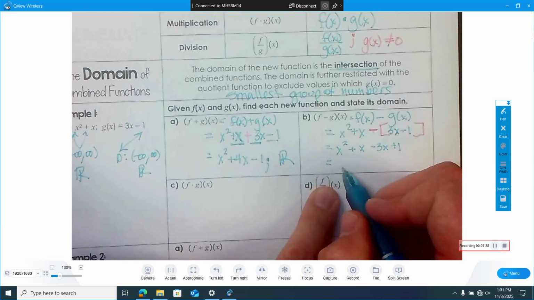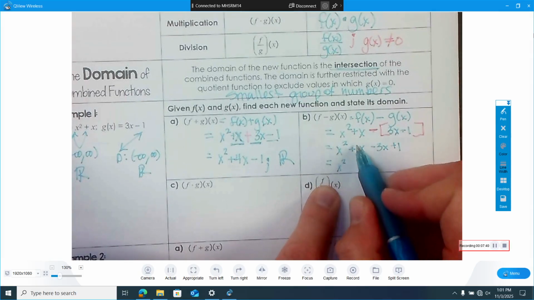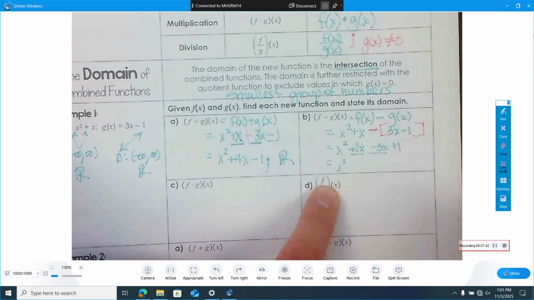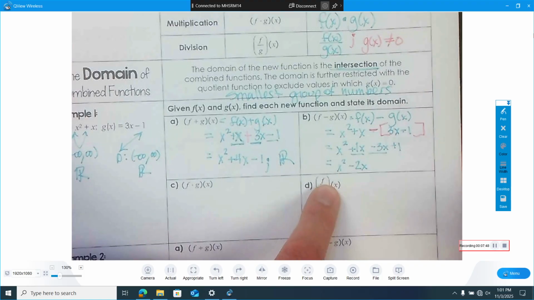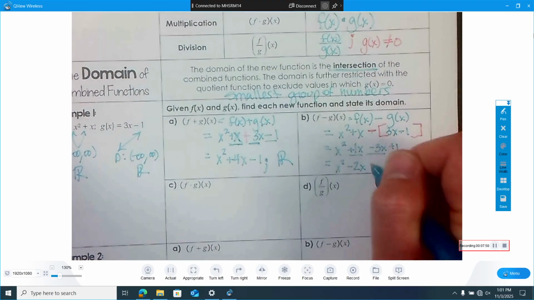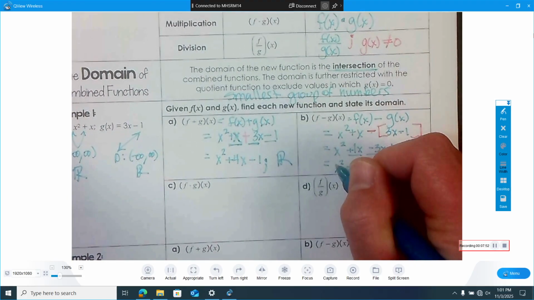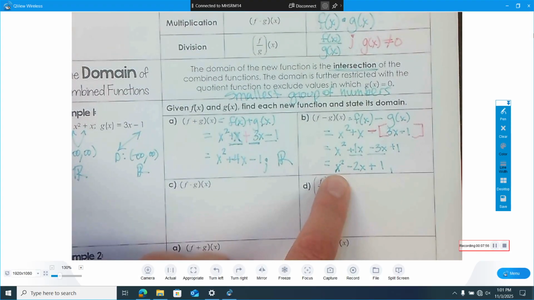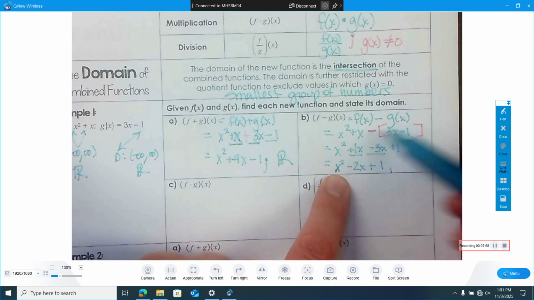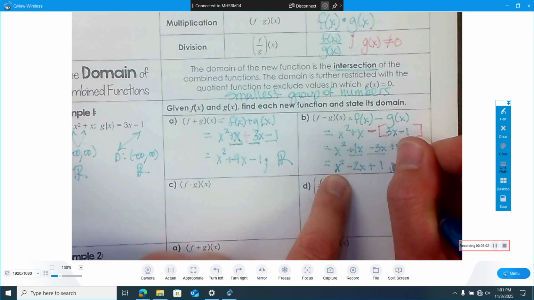We have x minus 3x, which is negative 2x. And then we have a plus 1. Again, when I look at the shape of this function, everything that we started with was any real number. The shape of this function is also a parabola. And so again, the domain would be all real numbers.